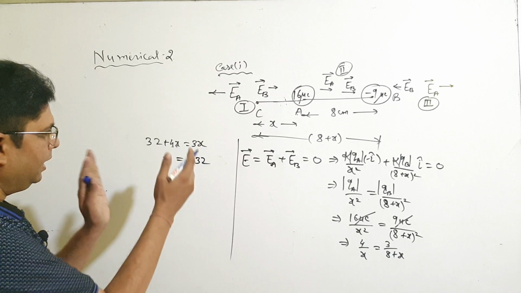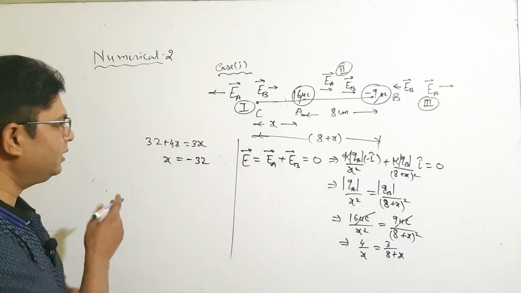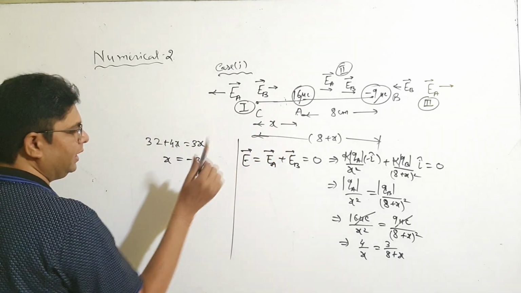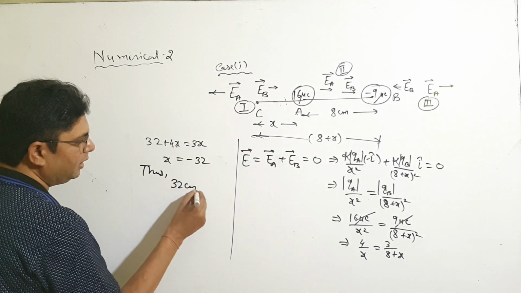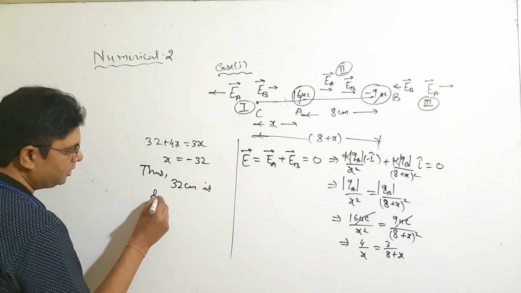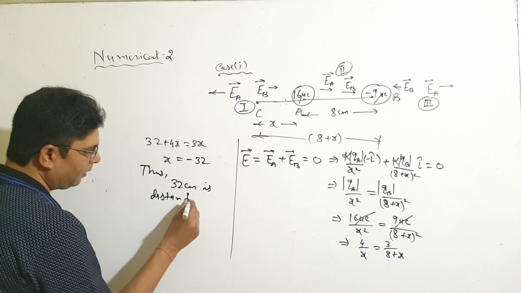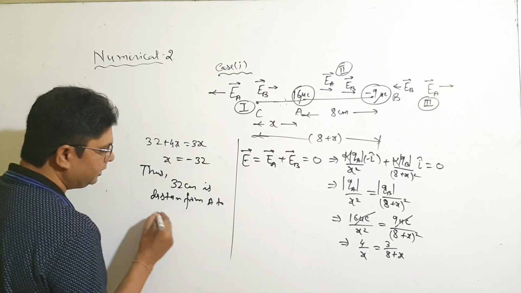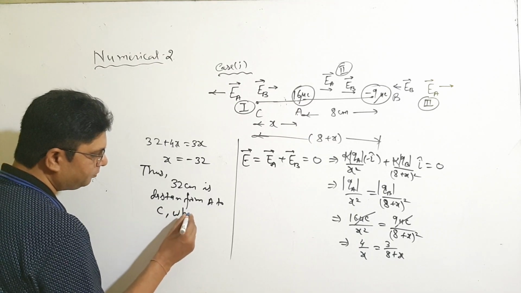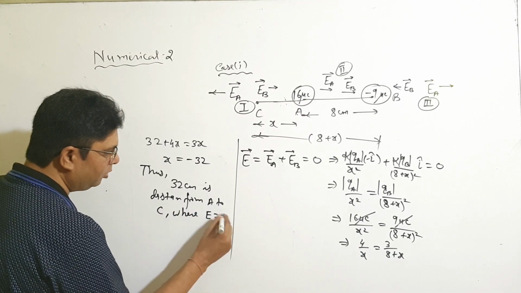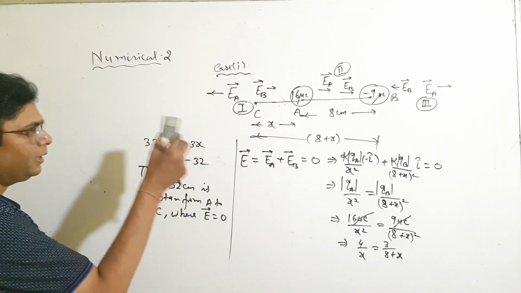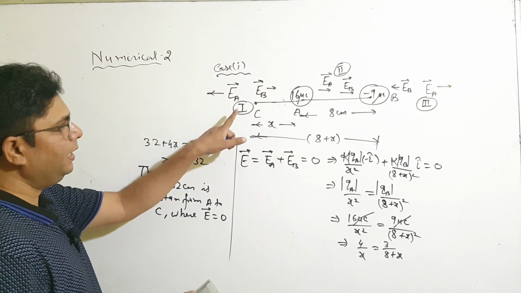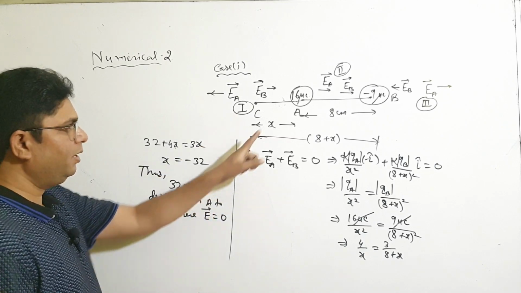So this is 32 centimeter towards the LHS side from A to C. Thus 32 centimeter is the distance from A to C where E equals 0. So in case 1, we have seen that the electric field at 32 centimeter on this side is 0.